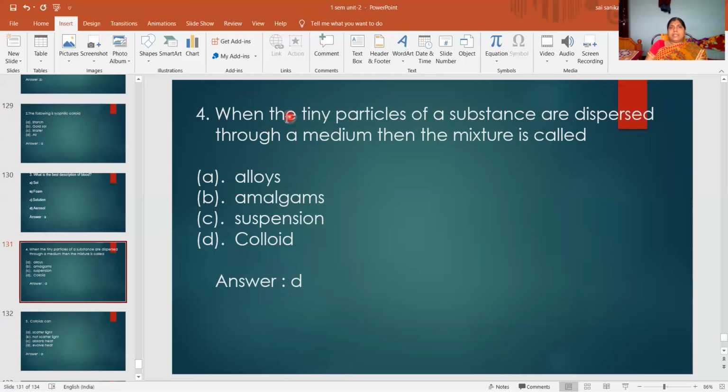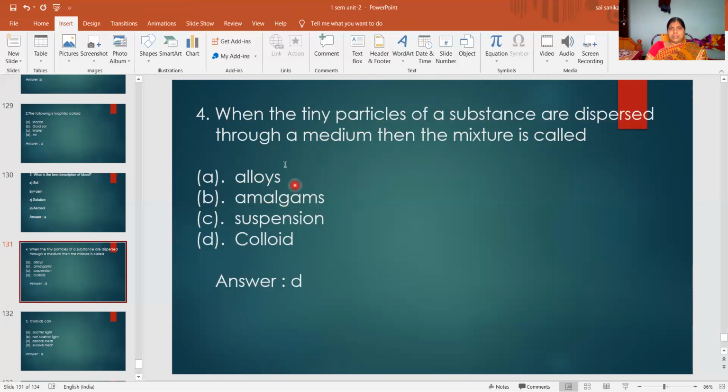Next, the fourth question: when the tiny particles of a substance are dispersed through a medium, then the mixture is called what? Tiny small particles of a substance are dispersed through a medium, meaning dispersed phase and dispersion medium. The options are alloys, amalgams, suspensions, colloids.